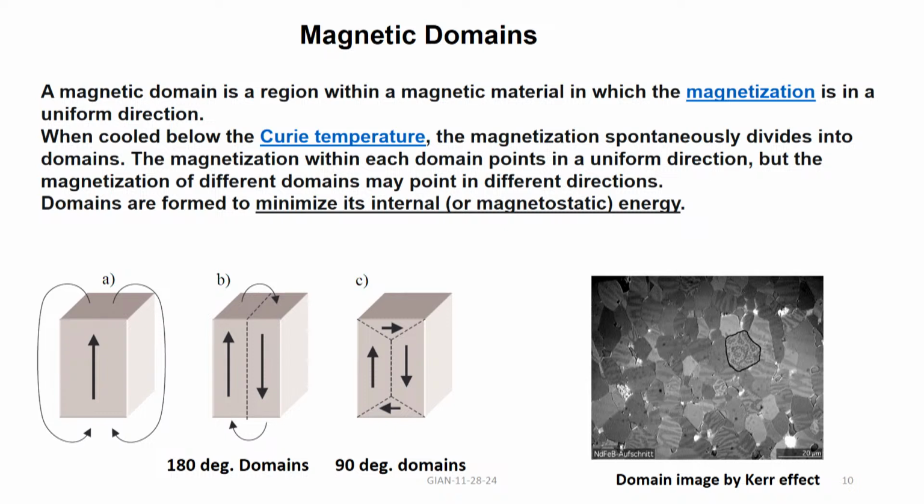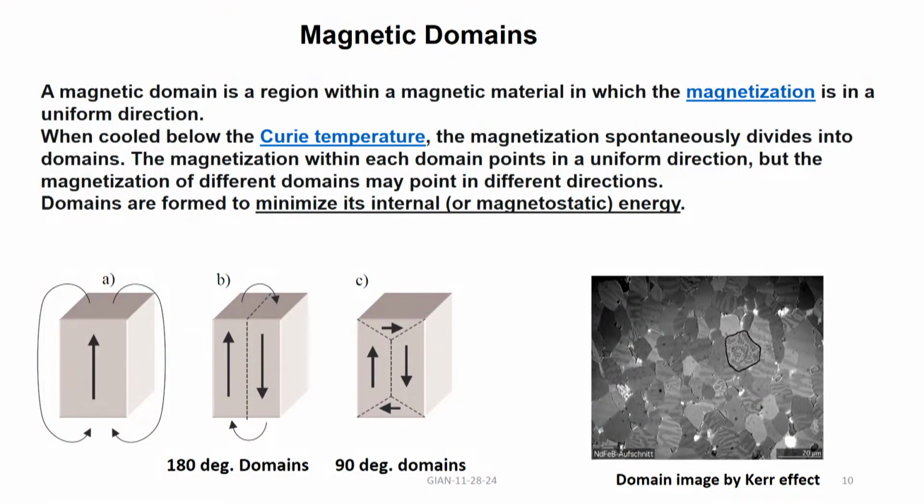And you can image the domains in either single crystal or polycrystalline material. There are many ways to do it. What you see here is the domain imaging by Kerr effect. With the Kerr effect, you shine light onto the sample surface, then you get the reflected light through a polarizer and an analyzer, depending on the grain orientation of the magnetization.